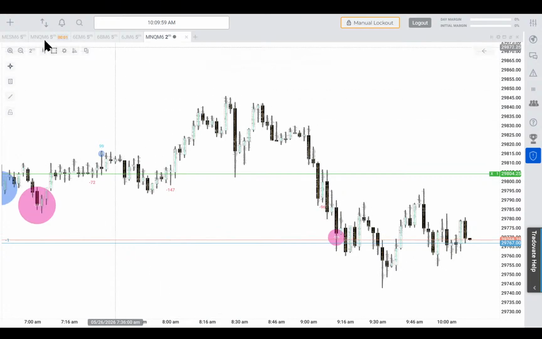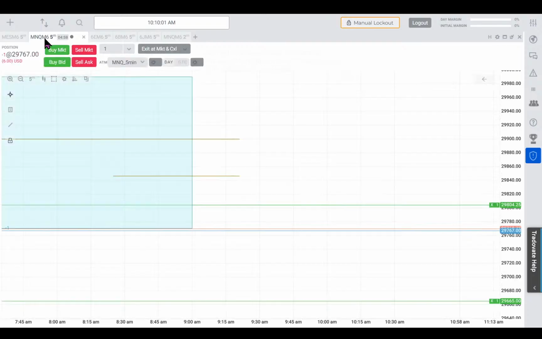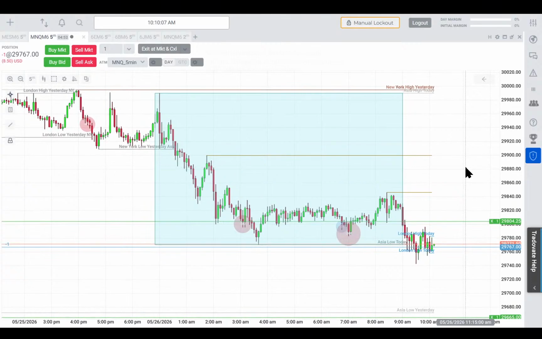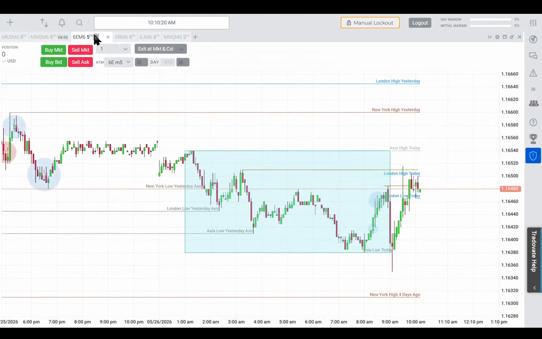On the 5 minute, buyers aren't stepping in. Yeah. So I don't have delta on this screen, but on the footprint, yeah, some small negative delta showing. They're trying to push it down now. We'll see if it goes. Sellers stepping in.